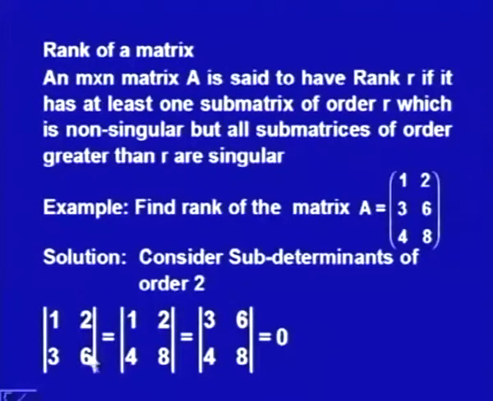If you compute these determinants, one can notice that this determinant is 0: 1 into 6 minus 2 into 3 is 0. This determinant is also 0: 24 minus 24. So, the determinant of all these submatrices is 0.